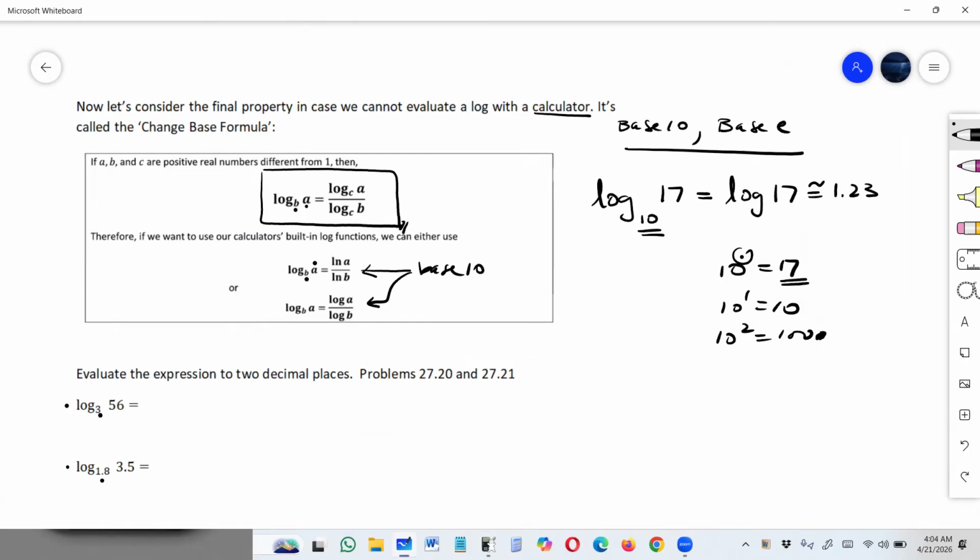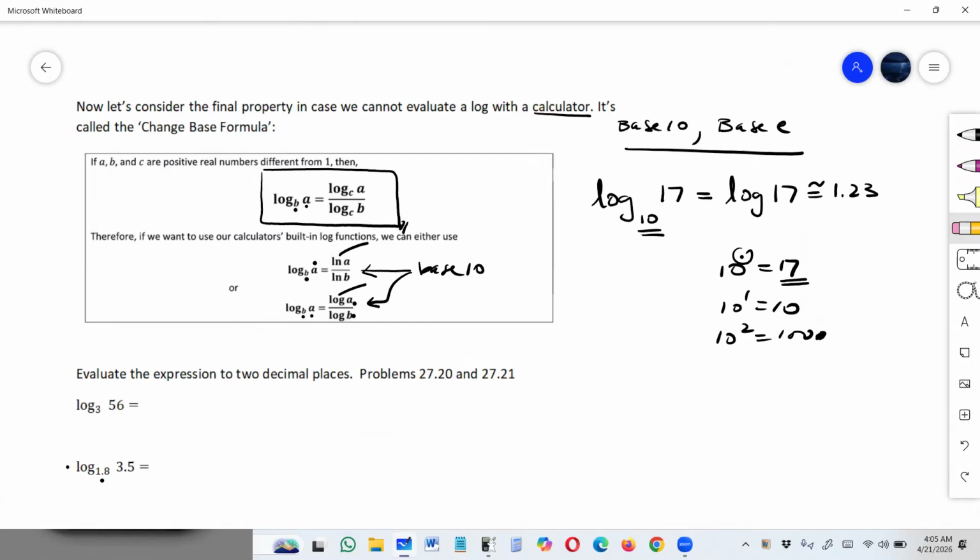This is the natural log, this is the base 10. The answer is going to be exactly the same, but this uses the natural log, this uses base 10, so whichever way you want to do it. So log base B of A is log base 10 of A divided by log base 10 of B.